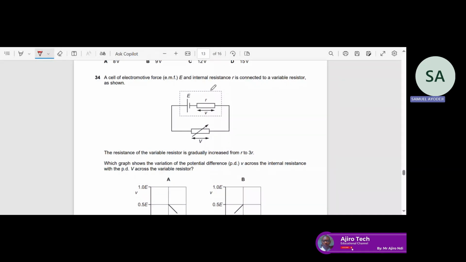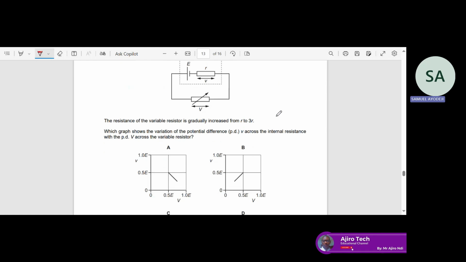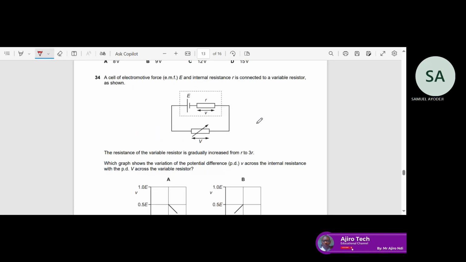Moving from one point to another, you won't really get the concept. The electromotive force with internal resistance is connected to a variable resistor. The resistance of the variable resistor is gradually increasing from R to 3R. So what happened to the voltage?